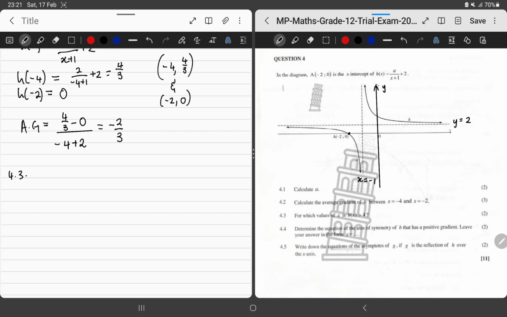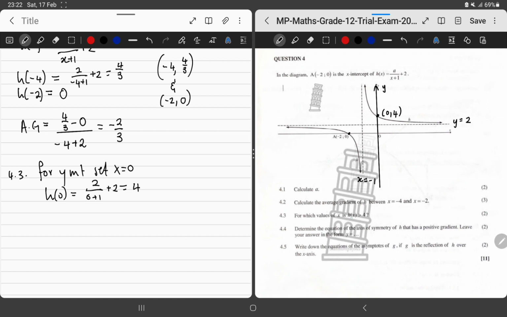So I want to know where h(x) is greater than 4. Let's find the value of the y-intercept. For the y-intercept, we will set x equal to 0. It should be equal to 2 over 0 plus 1, plus 2, which is equal to 4. The coordinates there should be (0; 4).